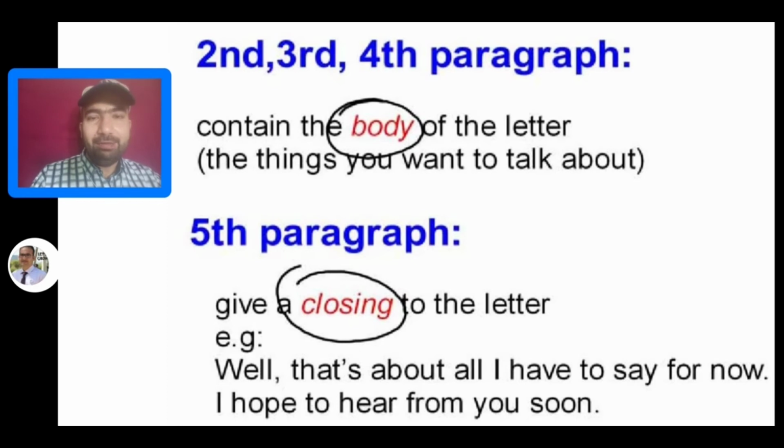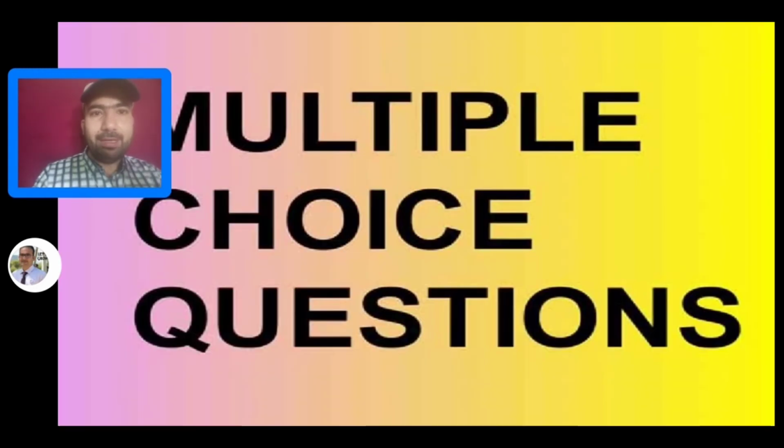The second, third, and even fourth paragraphs contain the body of the letter, the things you want to talk about. In the fifth paragraph, give a closing to the letter. This is a closing remark, for example: well, that's about all I have to say for now. I hope to hear from you soon. And say my regards to your mother, father. This is what your closing paragraph is in the informal letter.